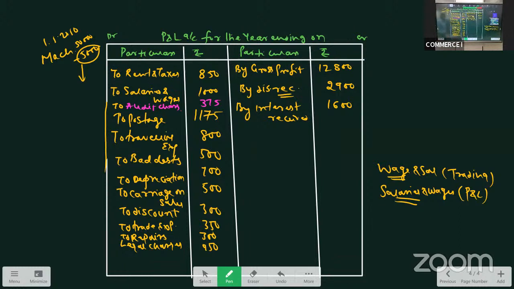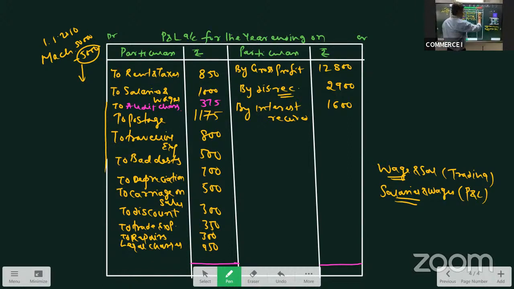Now what is left? A very, very important part, that is balancing. Let us do the balancing. Because you are not allowed to use calculators in the examination hall, you break up the total amounts into small segments and do the total.